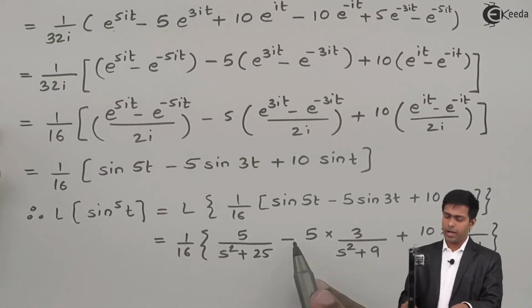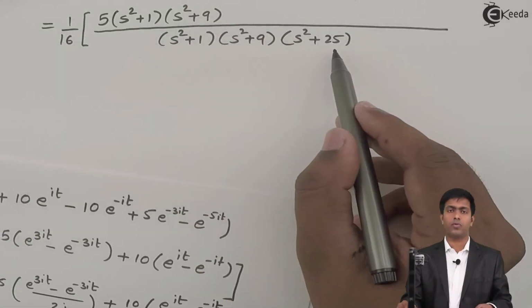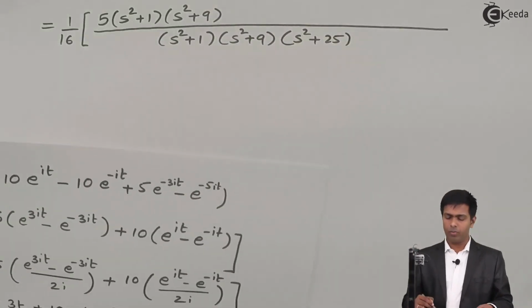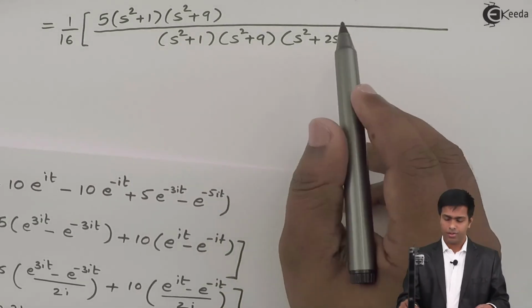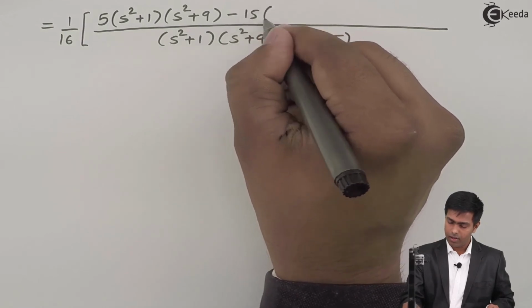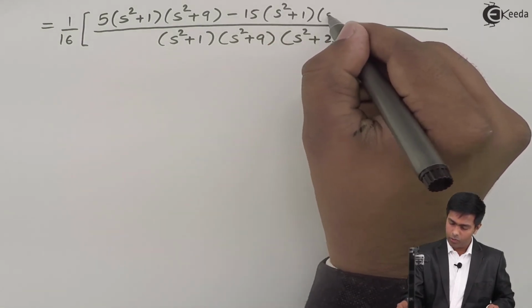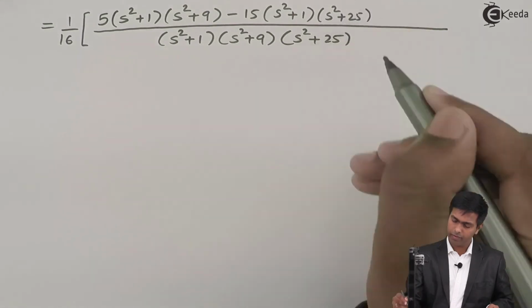Next term is minus 15 upon s square plus 9. So it means s square plus 1 and s square plus 25 is missing. So we'll multiply numerator and denominator with these two terms. So we'll get minus of 15 into s square plus 1 into s square plus 25.